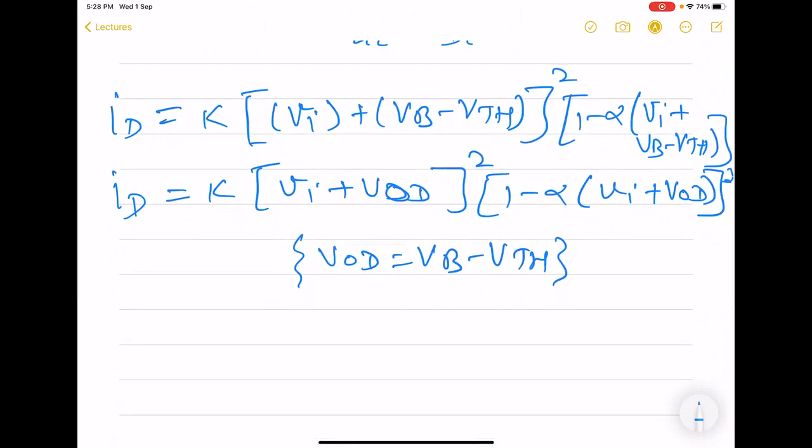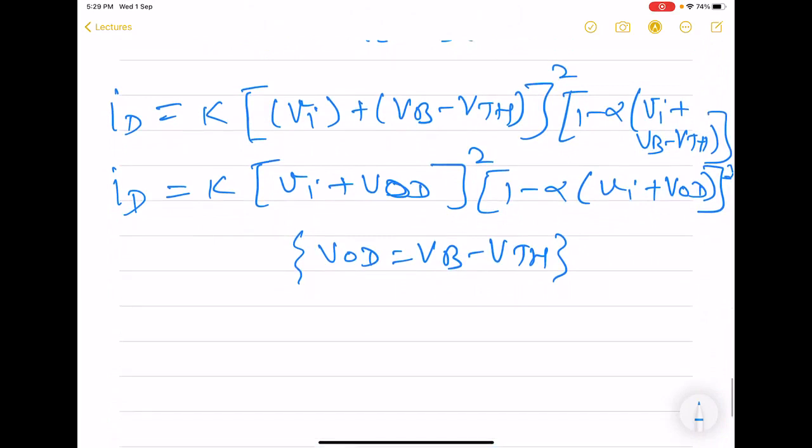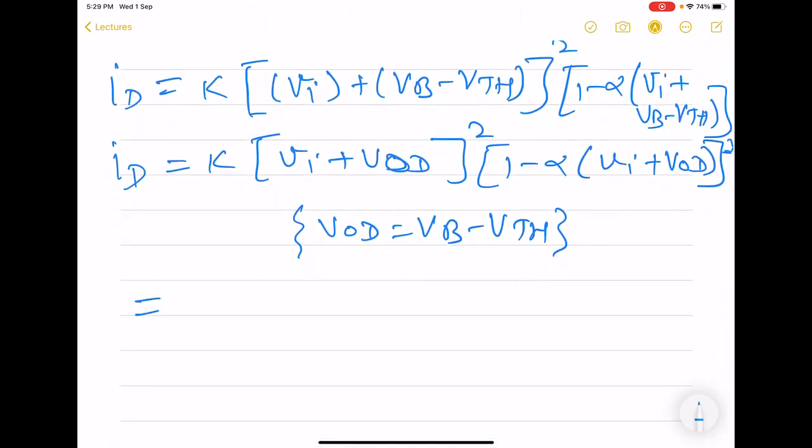So we have approximated the expansion of 1 plus delta raised power minus 1. Now here, when we do the expansion, we are going to get a DC term K into, there's going to be DC term. This whole thing is going to be DC.